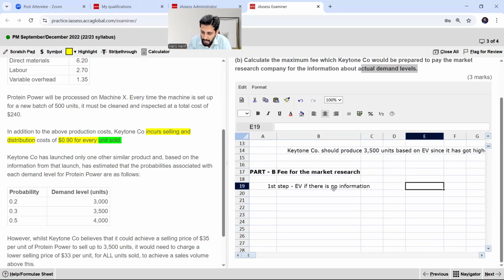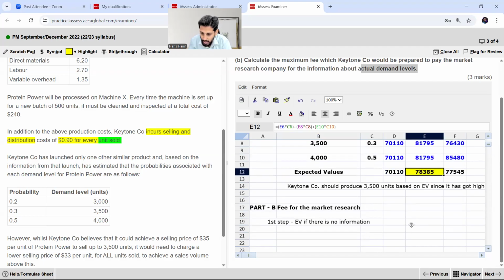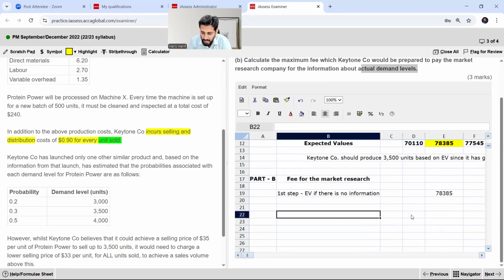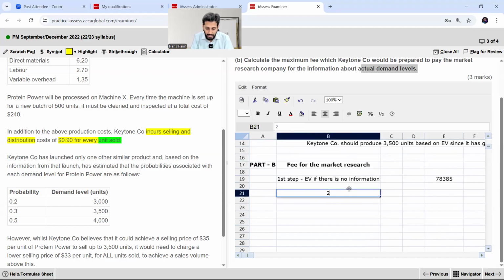It is simply available over here, this value. So press this and link it here. That's a very simple point. So this is my first step, right? Now the second step is EV if there is perfect information.